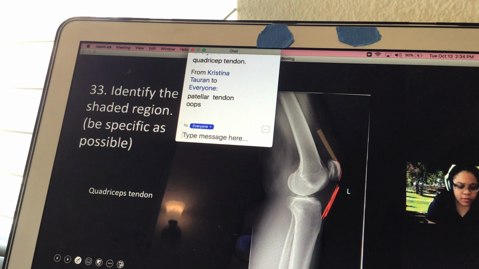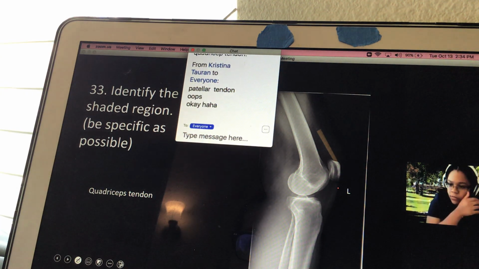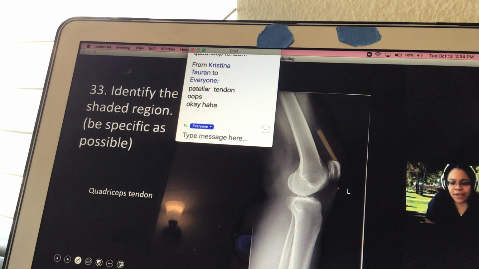I've heard both. But to be more anatomically correct, from muscle to bone it's a tendon, and bone to bone is a ligament. But I don't care either way. You can say patellar tendon, you can say patellar ligament.